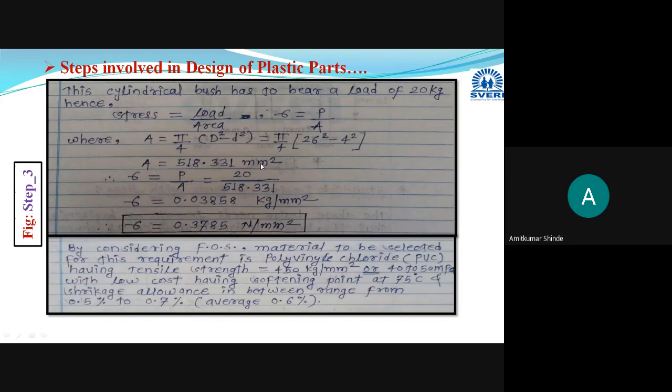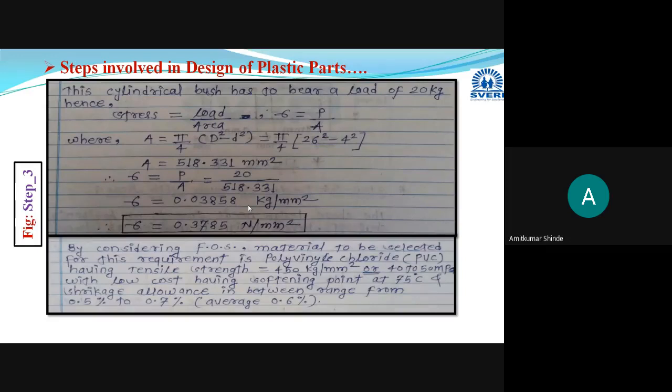This will be the area in millimeter square, and then this will be your stress value. The stress value will come in kg per millimeter square. As the load is in kg, you can convert it to Newton also by just multiplying this value by 9.81, and you will get it in Newton per millimeter square.